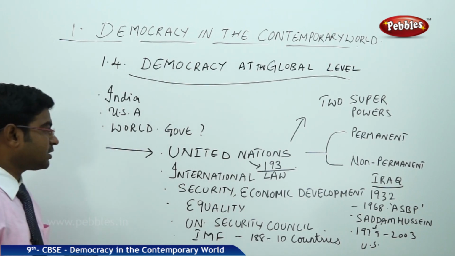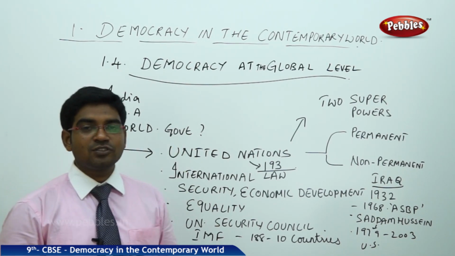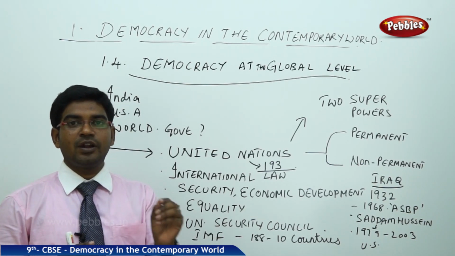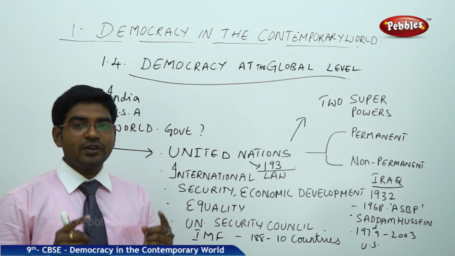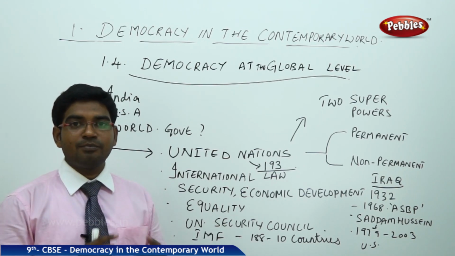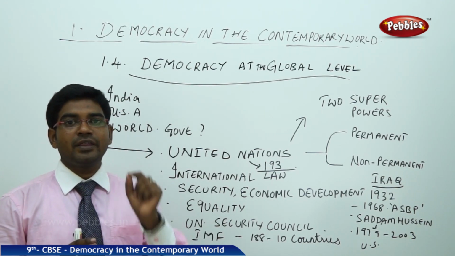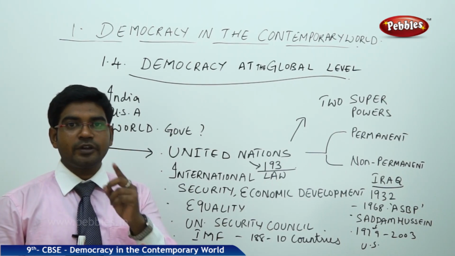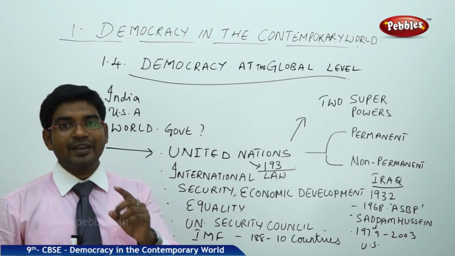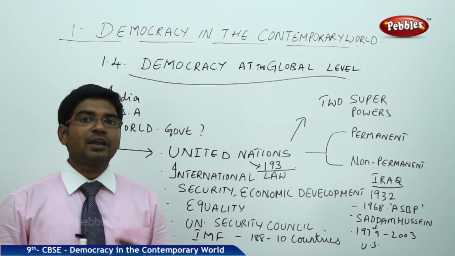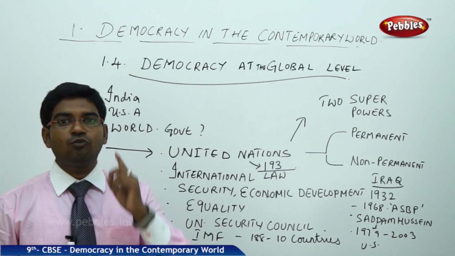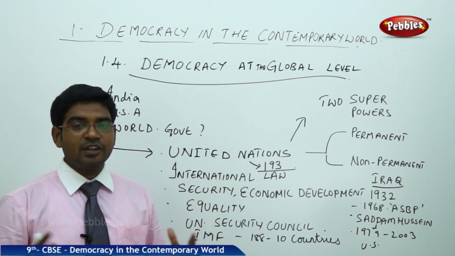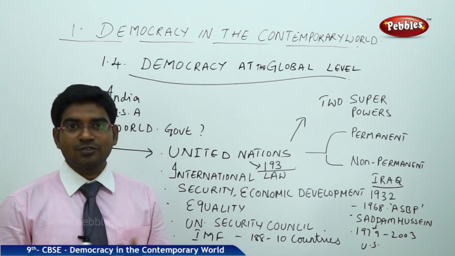Now moving on to understand how the United Nations works. Why is the United Nations called the World Parliament? We have a total of 193 member countries, as of September 2012. Each member nation will have one vote in expressing its opinion, as we have in the Indian Parliament and the US Parliament.